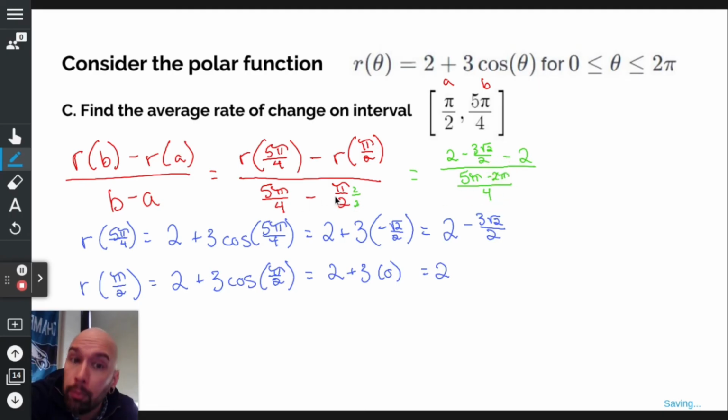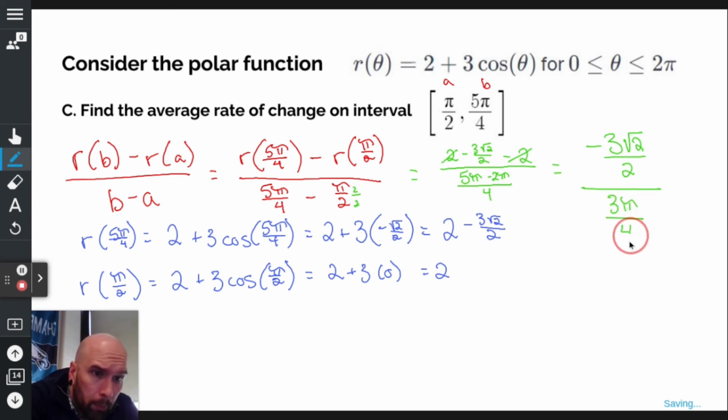Now I can combine them. 2 minus 2 go away. So I have negative 3 root 2 over 2 all over 3 pi over 4.